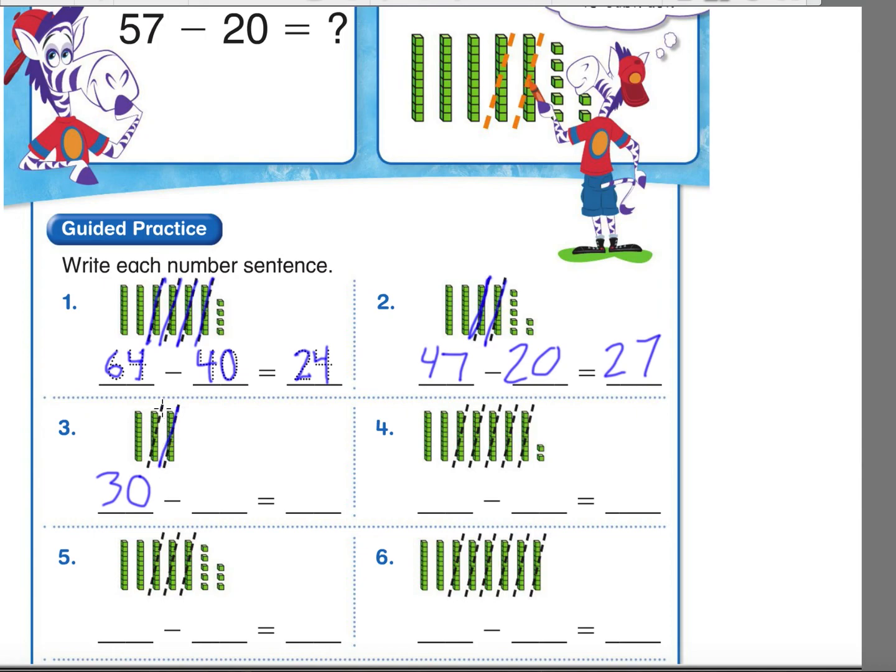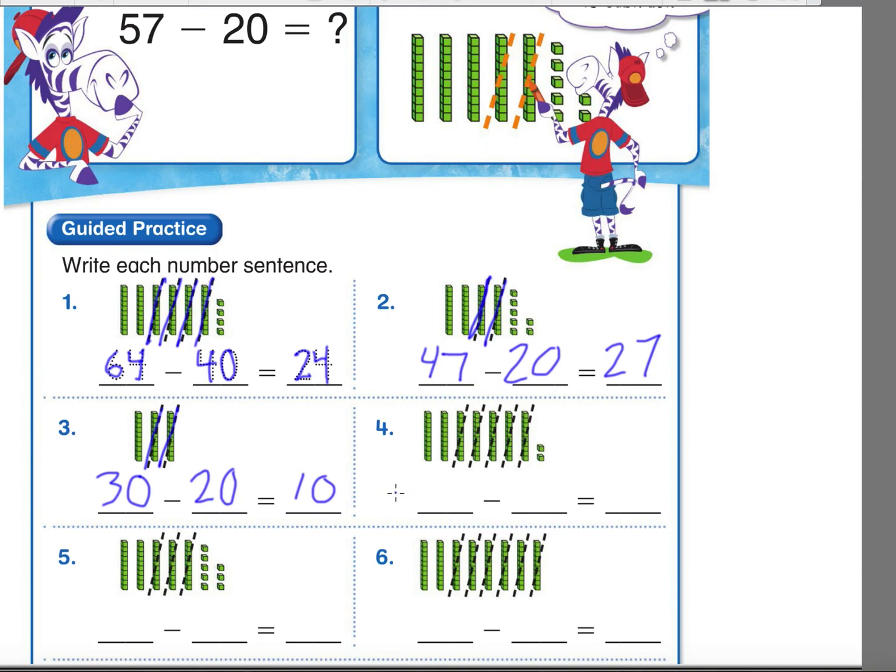Just 1 and 2. If we take away 2 10 rods, what big number does that make? It makes 20. So 30 minus 20 is, well, what's left? Just a 10 rod. That's it, guys.